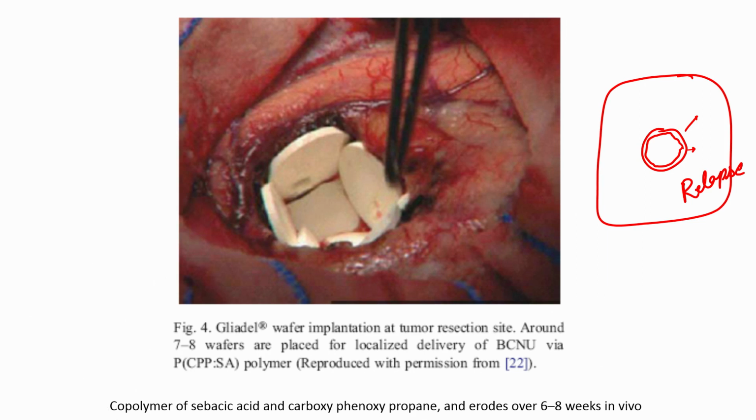About 7 to 8 wafers were placed wherever they wanted, and over a period of time, if there are any tumor cells remaining in the surrounding, this anti-cancer drug will release out and kill those tumor cells, preventing the relapse of the patient. This typically erodes over 6 to 8 weeks. So, by the time 2-3 months are gone, there is nothing remaining. So, there is no repeat surgery that the patient has to undergo to remove these, and hopefully none of the tumor cells will regrow.